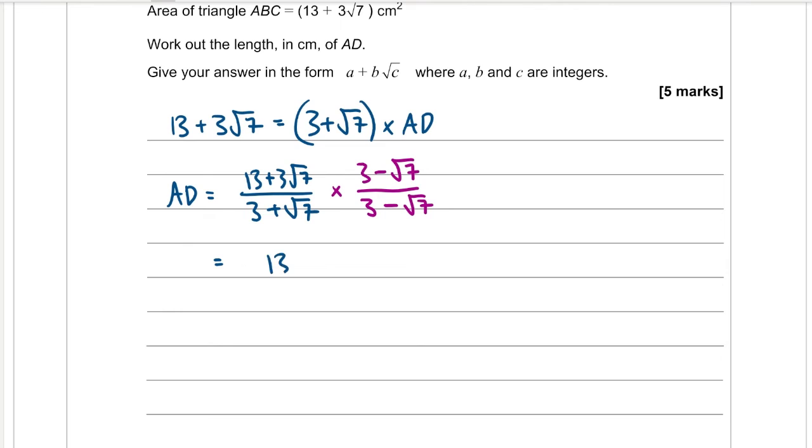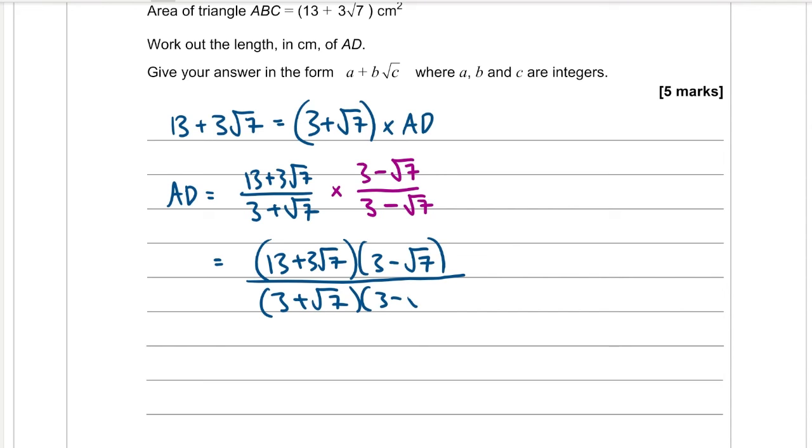Okay, so the top becomes 13 plus 3 root 7 multiplied by 3 minus root 7, and the bottom becomes 3 plus root 7 multiplied by 3 minus root 7, like such. And we expand the brackets, so I get 13 times 3 is 39.